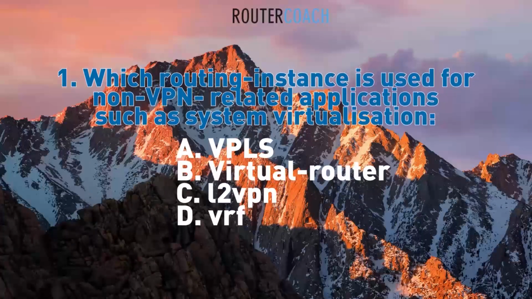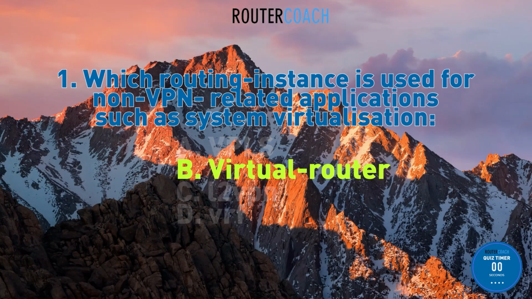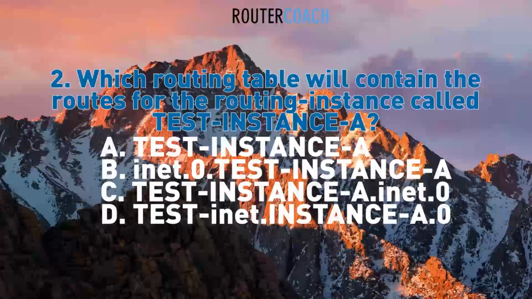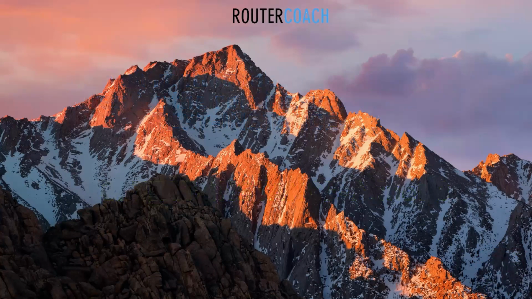Question 1. Which routing instance is used for non-VPN related applications such as system virtualization? Question 2. Which routing table will contain the routes for the routing instance called test-instance-A? Question 3.